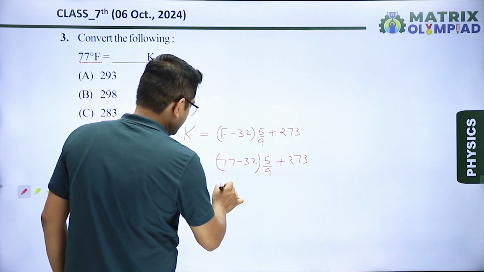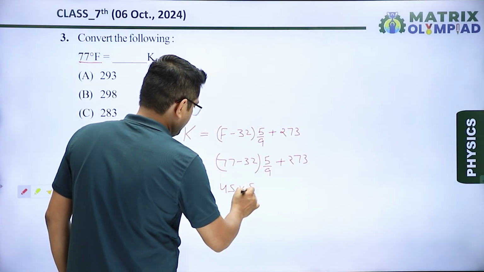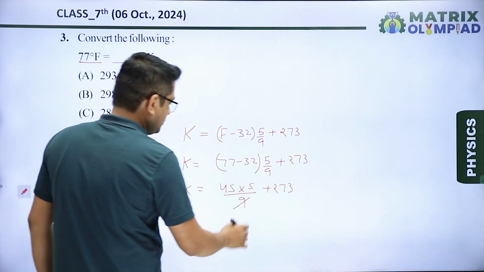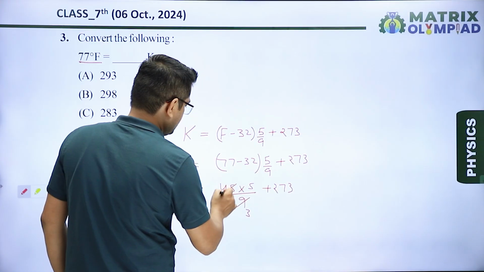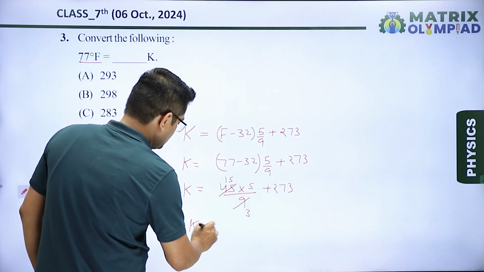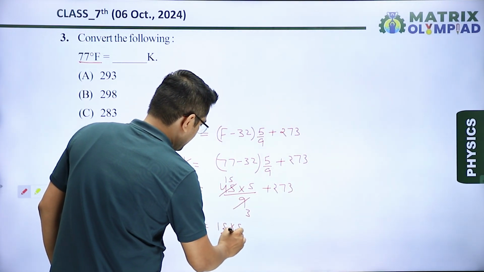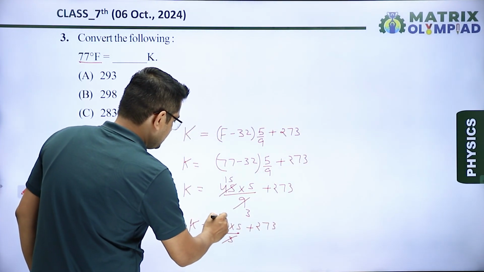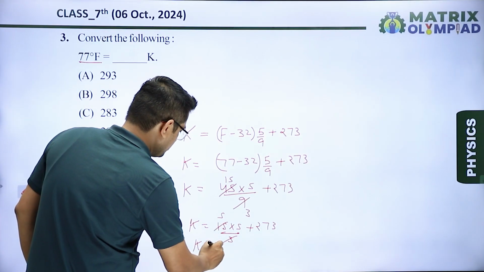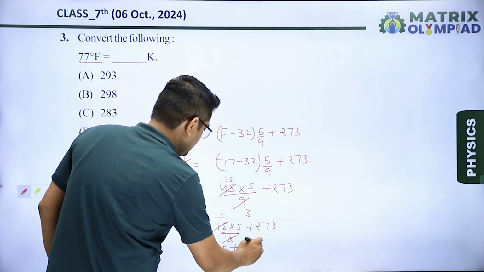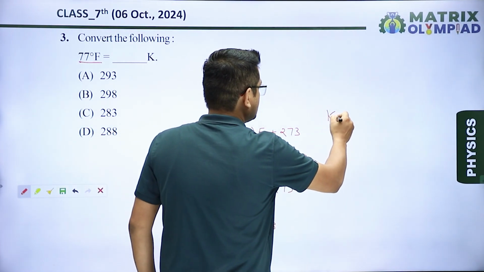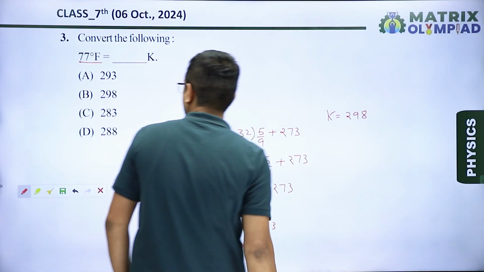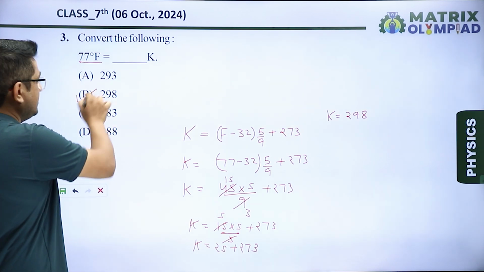When we subtract this, we get 45 multiplied by 5 divided by 9 plus 273. Dividing by 3, it becomes 15 multiplied by 5 divided by 3 plus 273. Again solving this, K is equal to 25 plus 273, which will become 298. So the correct answer will be option B.